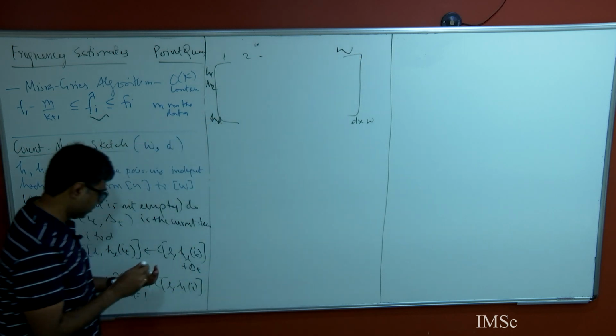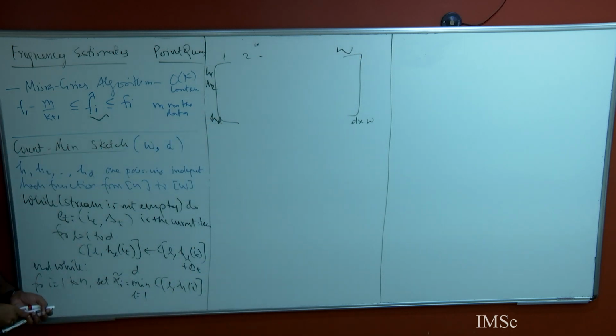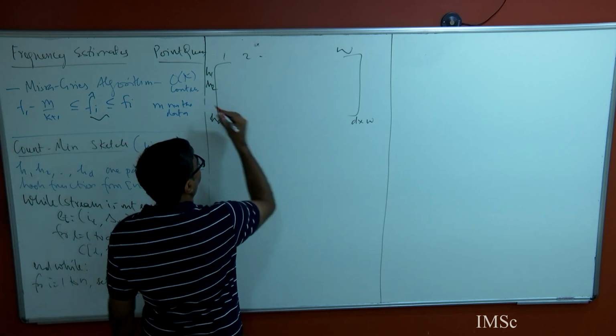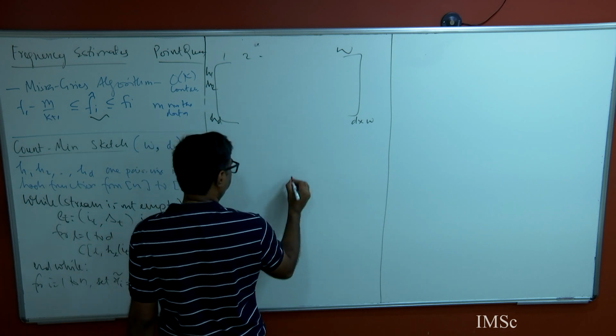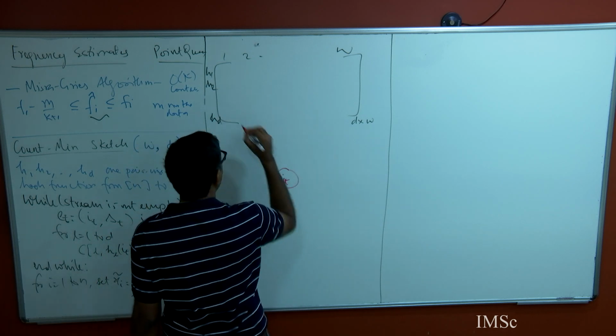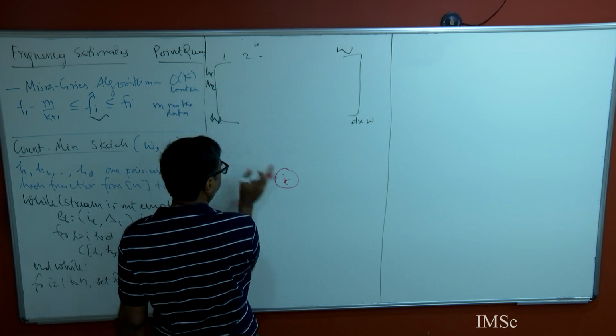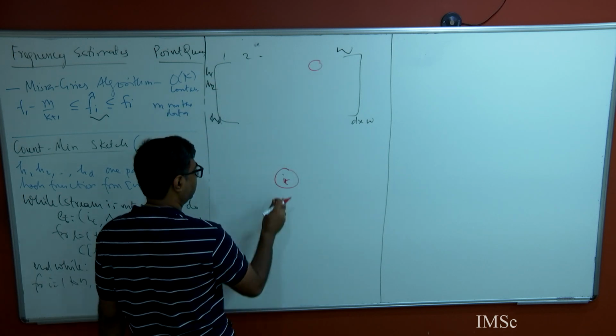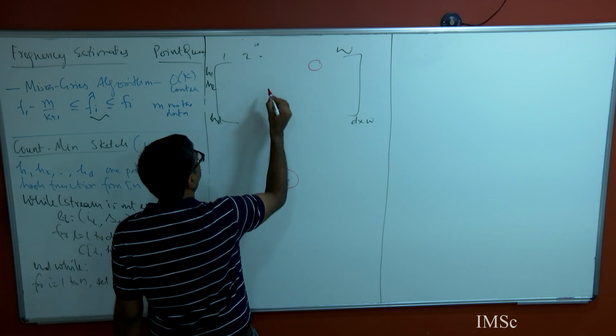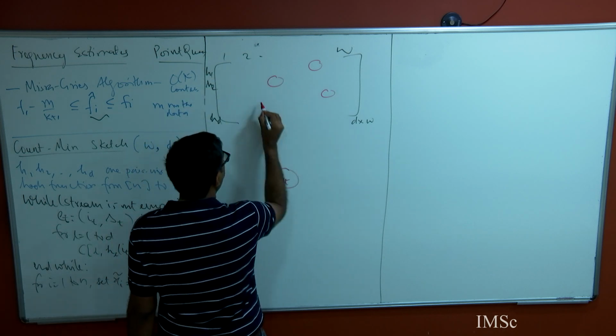When a new item comes, I look at which place h1 sends it to, so maybe this is the location where h1 sends it, and this is the location another one sends it.